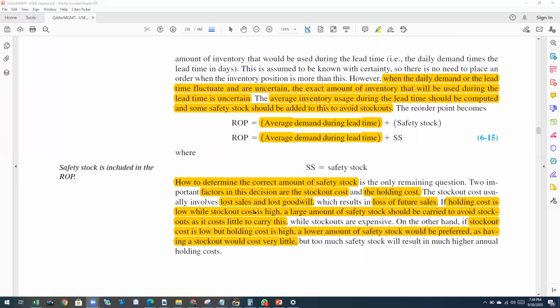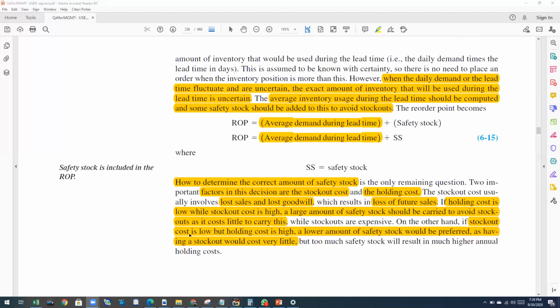Stock out cost includes loss of sales, loss of goodwill, which may have a long-term impact through loss of future sales. The holding cost arises when we hold too much safety stock and have piles of inventory that cause excessive carrying cost, or excessive holding cost.